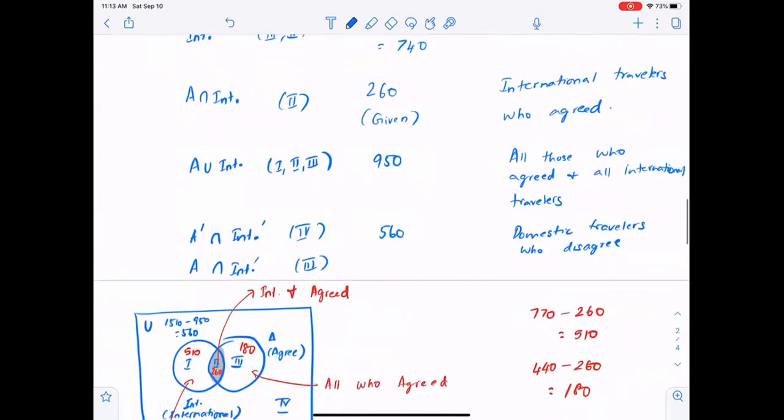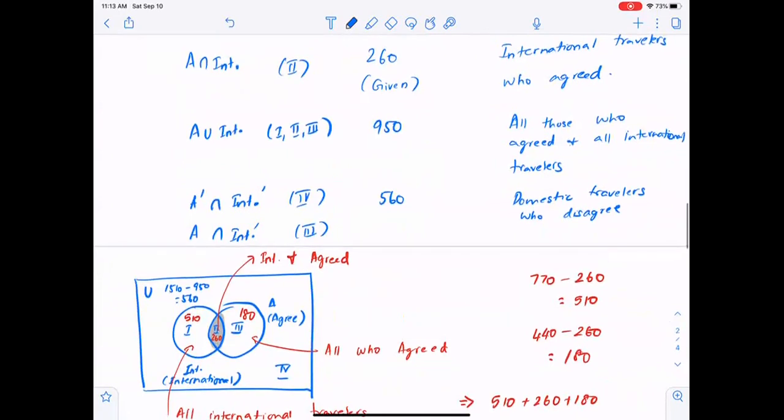And we simply have to find the count for region 3, which we already did. So 180. What does A mean? A would mean people who agreed. Int complement would mean not international travelers, so domestic travelers.